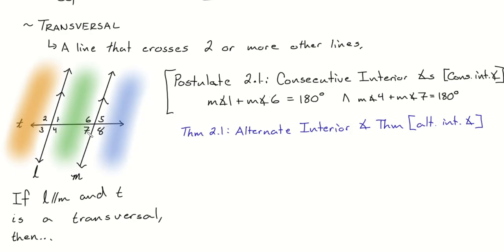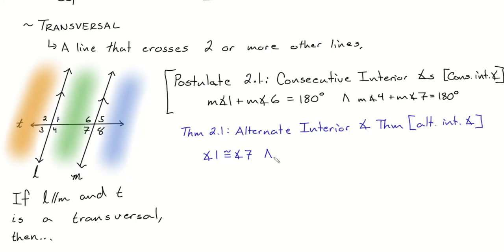1 and 7. Somebody agree with that? Or 4 and 6, right? So check it out. Again, we're not writing it over and over, but we are starting with if these are parallel, which they are, and they have a transversal. Then, here we go. Angle 1 is congruent to angle 7. Alternate interior angles are congruent.